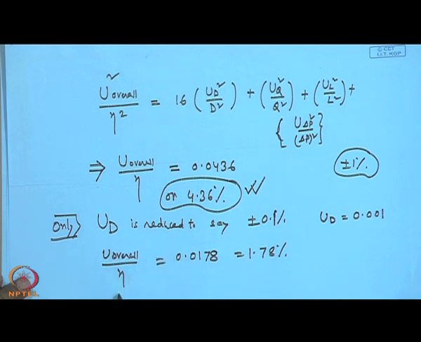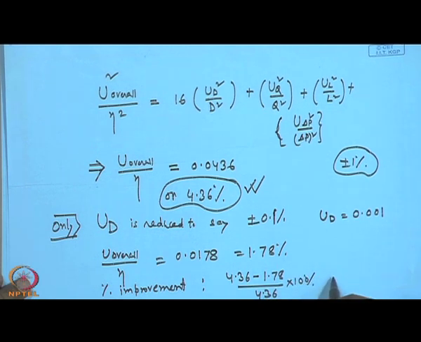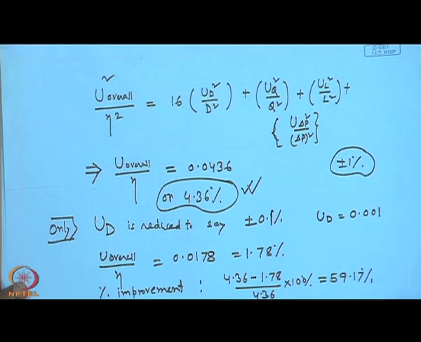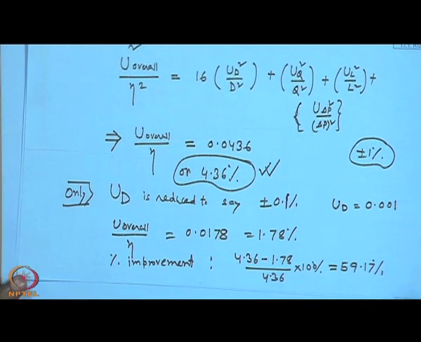If you calculate the percentage improvement, it was 4.36, which is about 59.17%. So, more than 59% improvement in the overall measurement of dynamic viscosity, just by reducing the uncertainty in the diameter measurement from 1% to 0.1%.